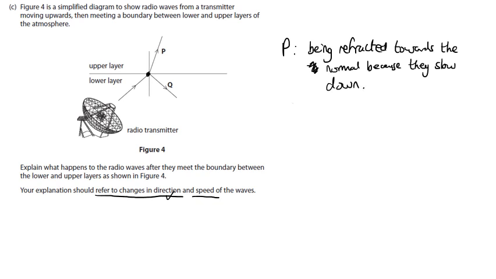So that's P. The ones at Q, they're bouncing off the atmosphere, they're being reflected back to Earth at the same angle.